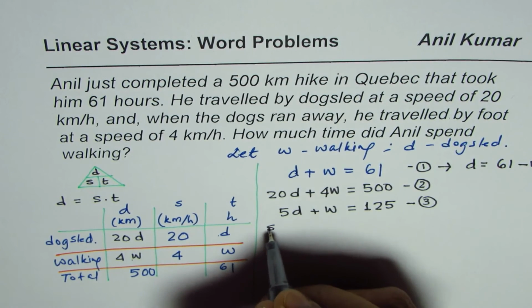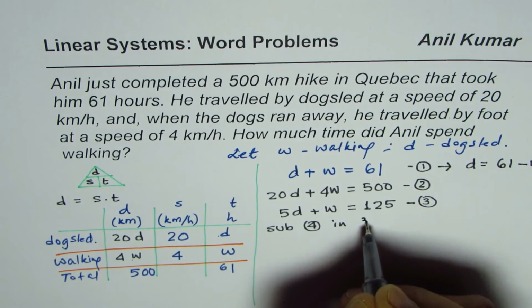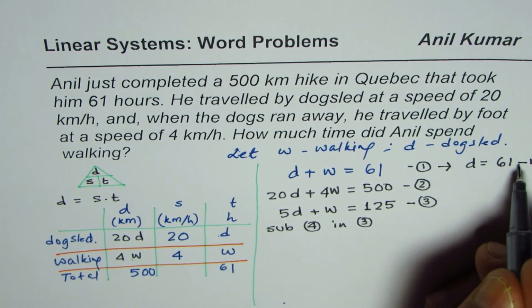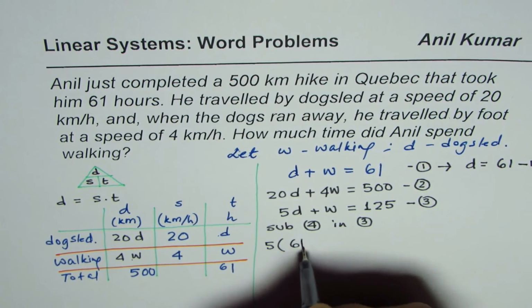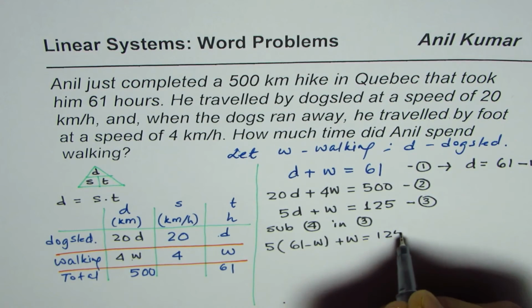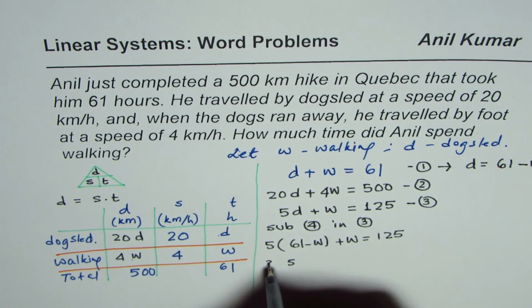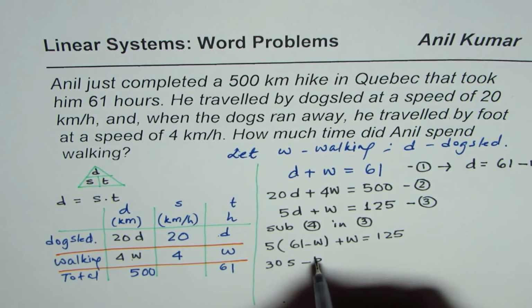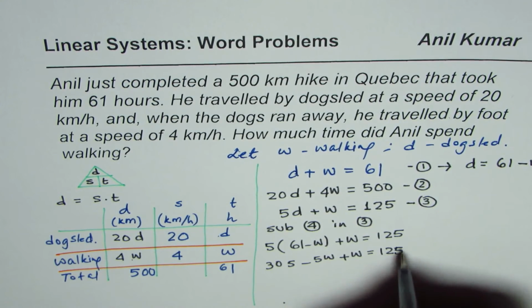So we substitute 4 in 3. D is 61 minus W, so we write 5 times (61 minus W) plus W equals 125. Five times 61 is 305, minus 5W plus W equals 125.